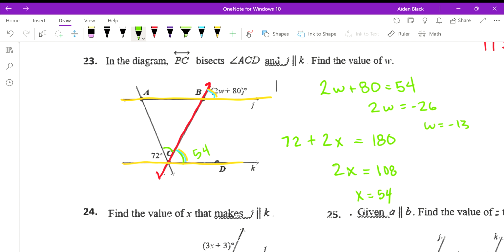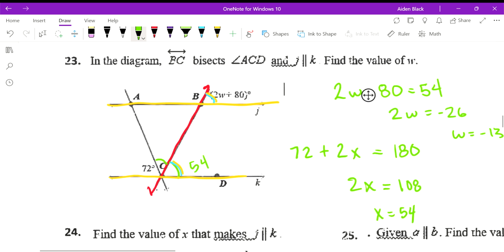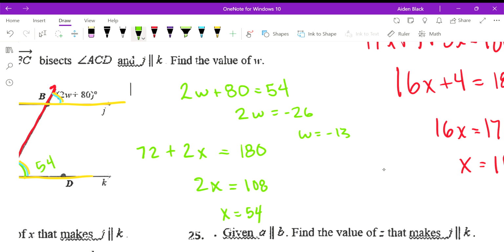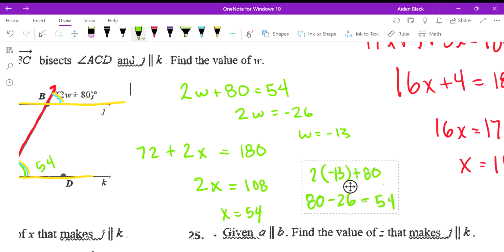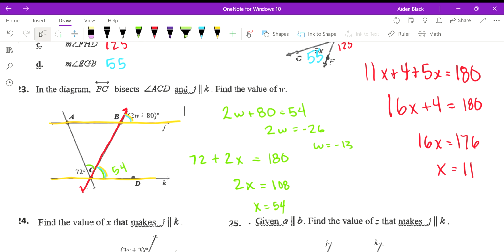Now you might be like, oh, it's a negative. We don't get negative angles. We'll plug it back in. So you get 2 times negative 13 plus 80. We get negative 26 plus 80 equals 54. Yeah, good, it makes sense. So W equals negative 13.